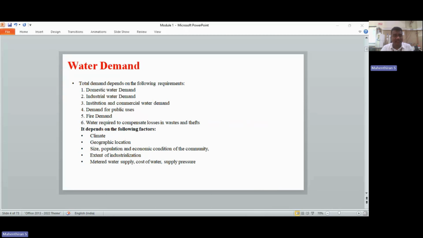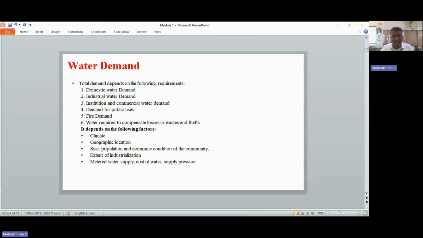The next one is the fire demand. Now, this is a critical safety requirement. In case of fire accidents, a large quantity of water is needed instantly. So, for designing a water supply system, engineers must ensure that sufficient water is available for firefighting purposes.